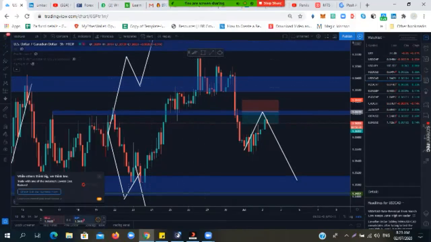We might see a structure here. Okay, this is a structure here. Sorry, guys. So we might be seeing something here, structure to structure, structure to structure.